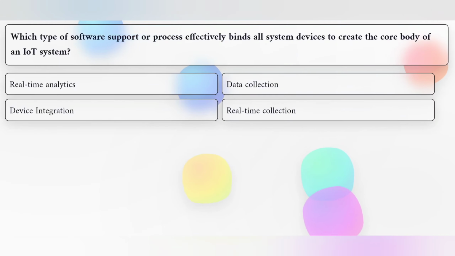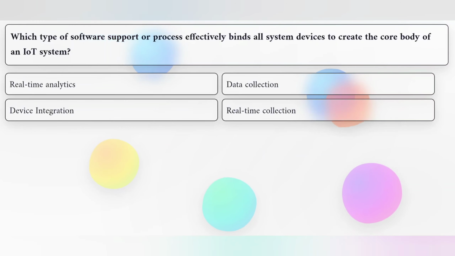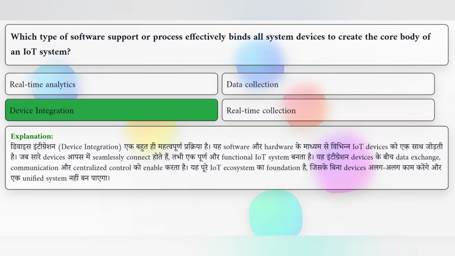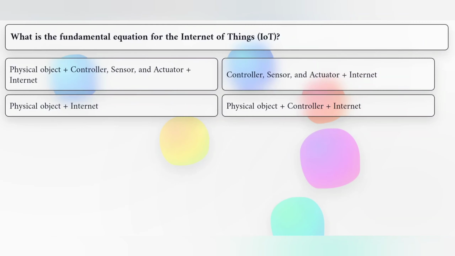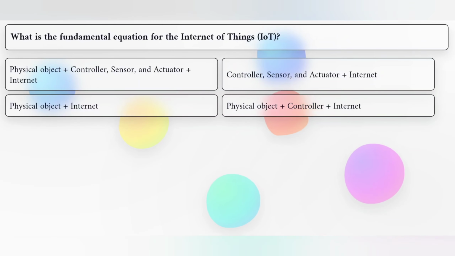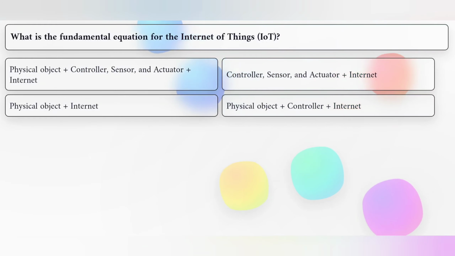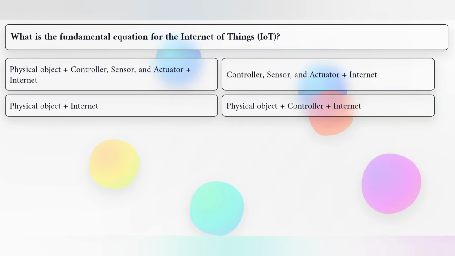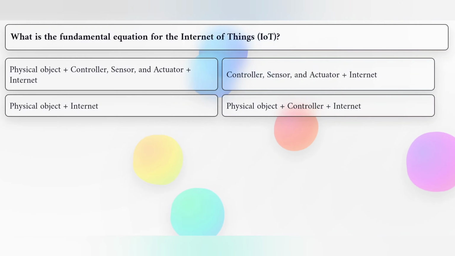Real-time analytics, data collection, device integration, real-time collection. What is the fundamental equation for the Internet of Things IoT? Physical object plus controller, sensor, and actuator plus Internet. Controller, sensor, and actuator plus Internet. Physical object plus Internet. Physical object plus controller plus Internet.